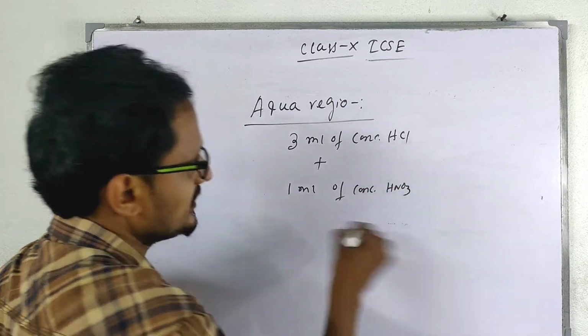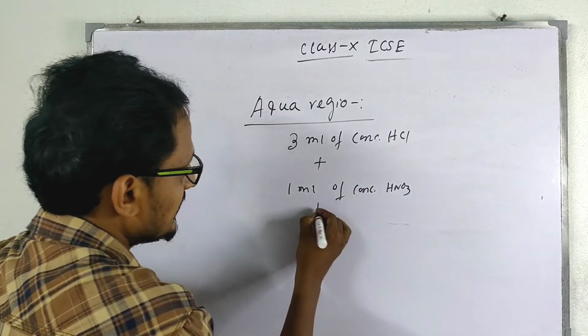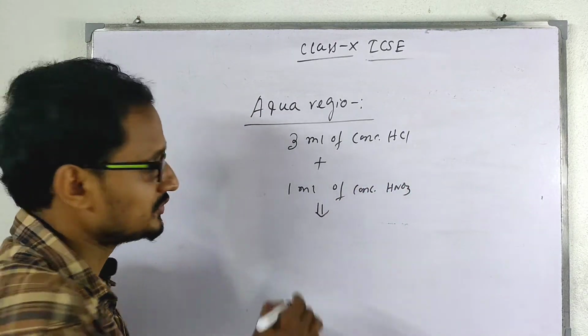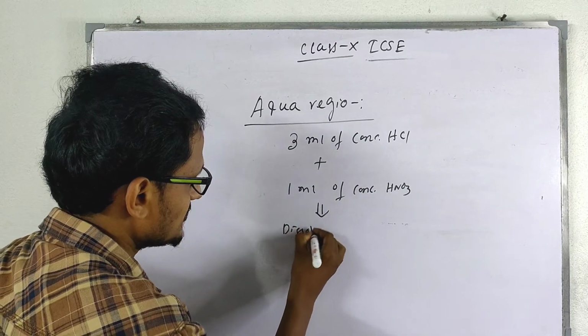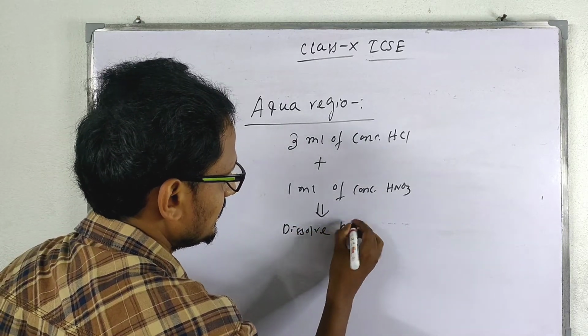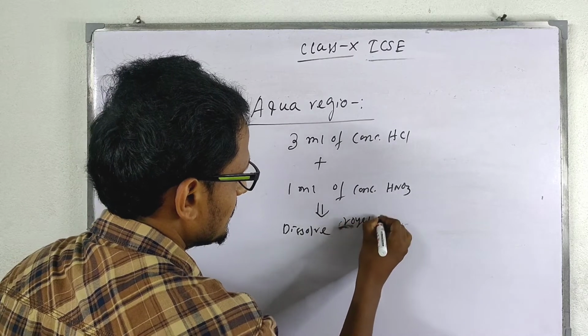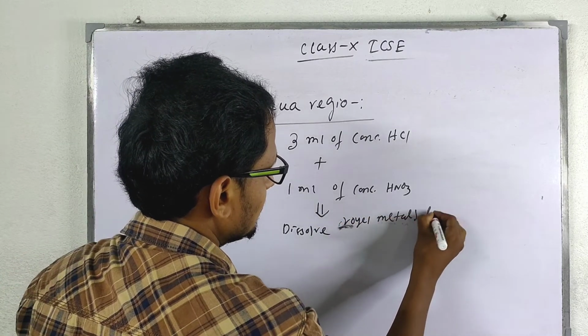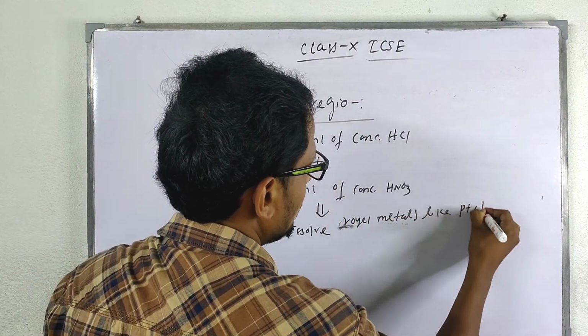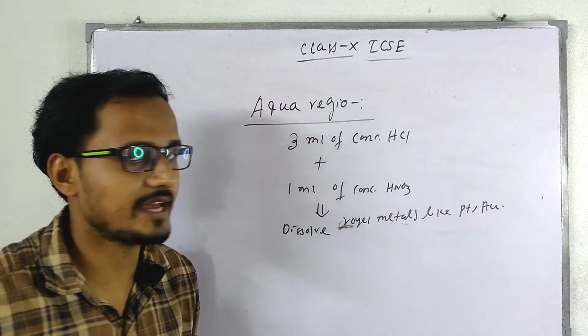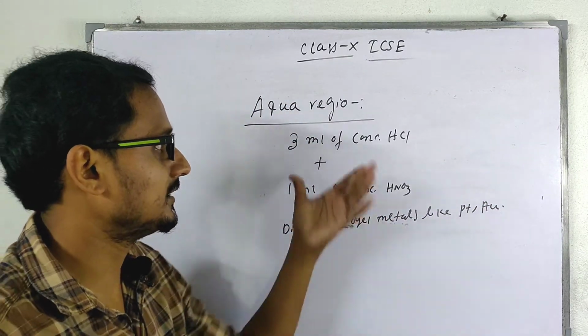So we will get aqua regia. Okay, and this can help us to dissolve royal metals like platinum, gold.